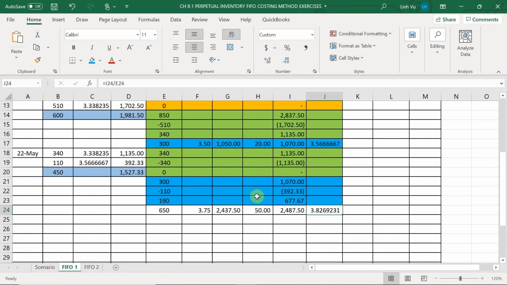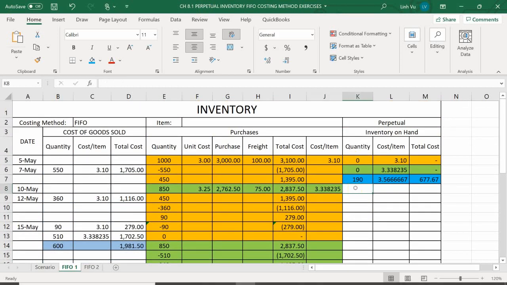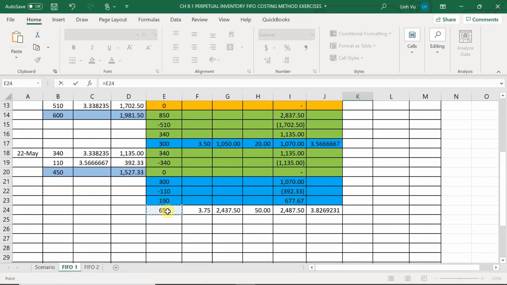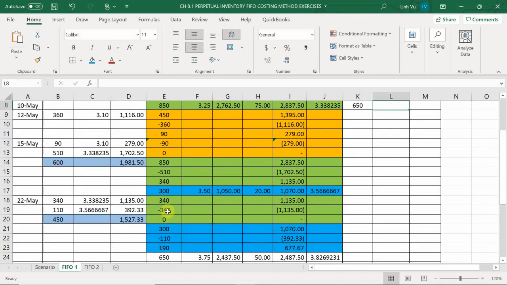Okay. Good. So once again, now that I have a new batch of inventory, I'm going to carry it into my inventory on hand so I know how many items I actually have left available on hand.